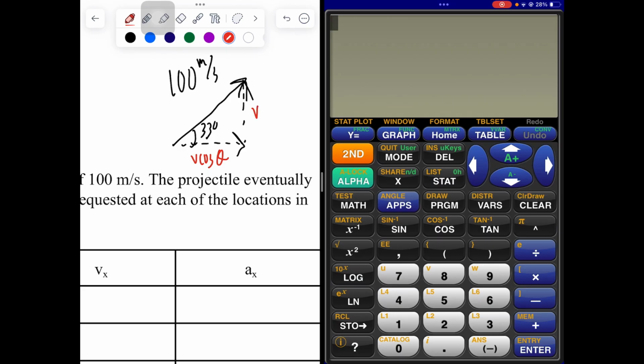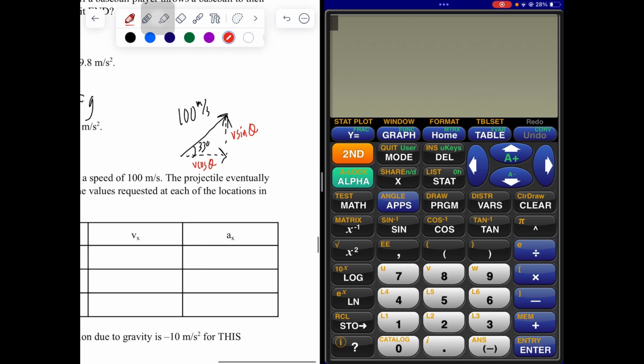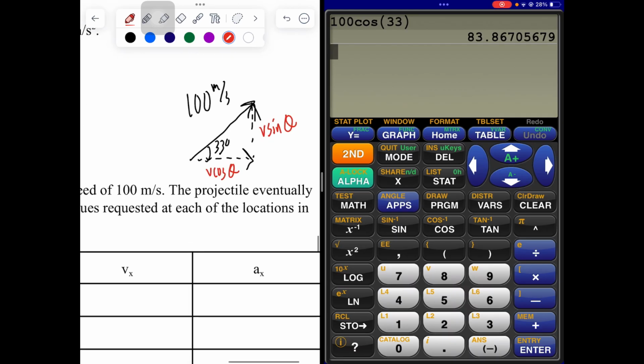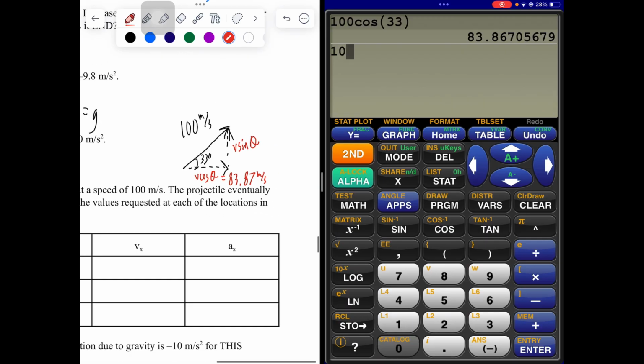This component in the y direction is going to be our velocity times the sine of theta. So, 100 cosine 33. That is our velocity in the x. 83.87. What about that velocity in the y? 100 sine 33.